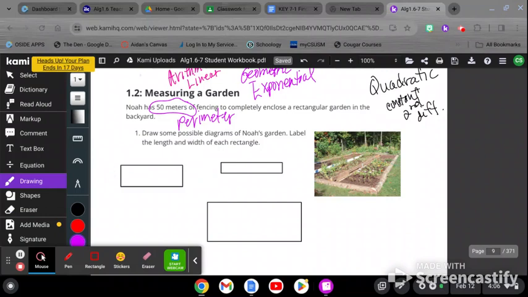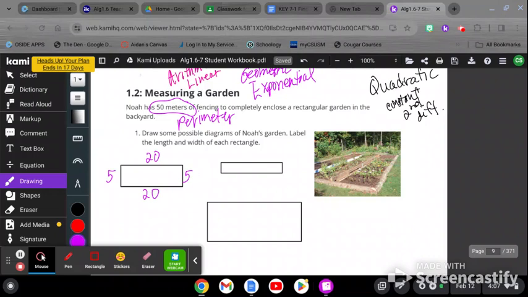So if 50 has to spread around to all, for example, if I said that this was 5, then this would have to be 5. That uses up 10, and then I know that I have to split the difference. So 50 minus 10 is 40. 40 has to spread out to both the other sides. So some people like to think of this as just, well, let's just split the 50 from the get-go. 25.